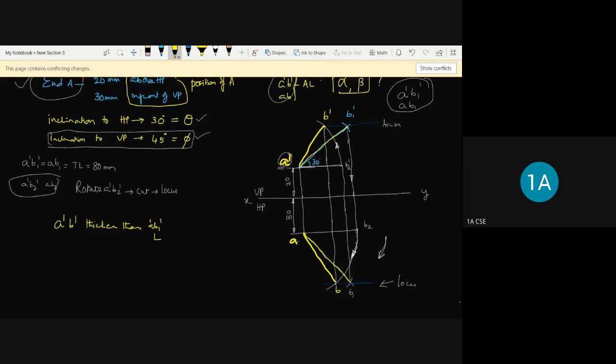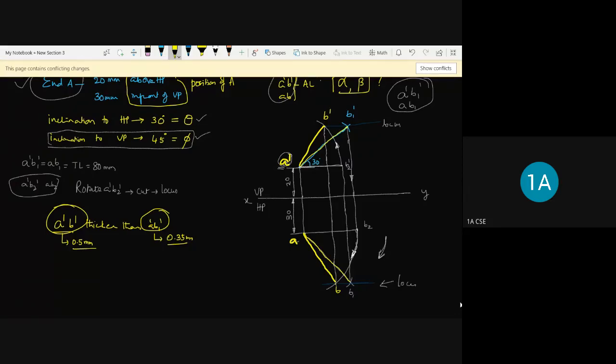A dash B1 dash is generally represented with 0.35 mm thickness, and this will be represented as 0.5 mm thickness. Of course, while working in computer software, you can use this command so that you can easily visualize the difference. So A dash B dash should be thicker than A dash B1 dash. Now is it clear?